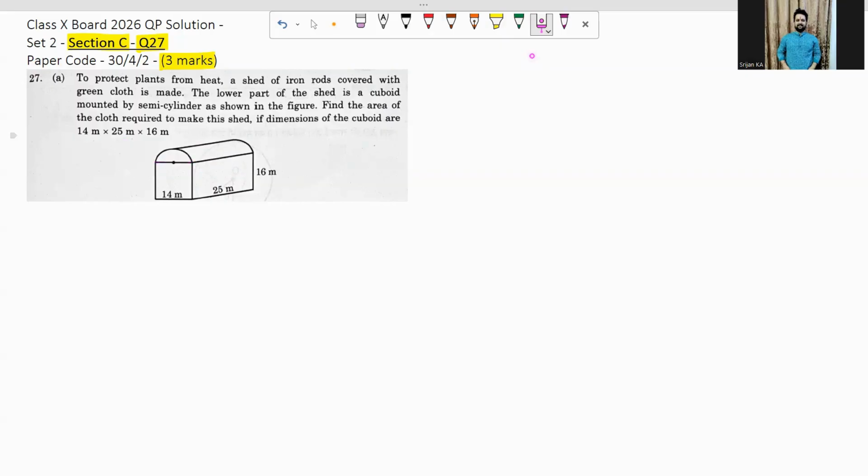That also tells us that for this semicircle, the diameter is 14, so radius becomes 7 meter. For the cuboid, it is already given that the height is 16, length is 25, and breadth is 14. And then there is this figure. So let's talk about the figure in a better manner.